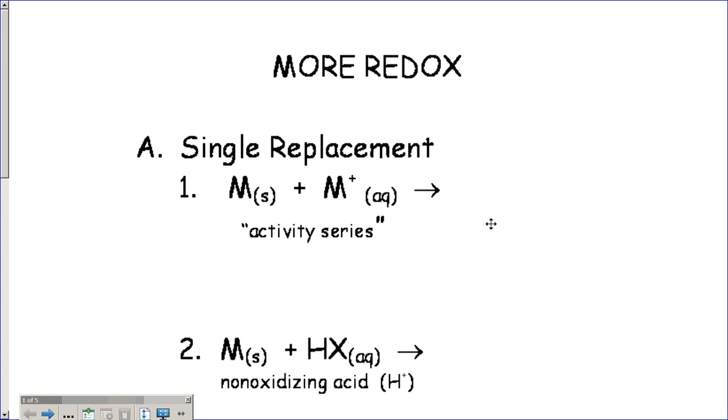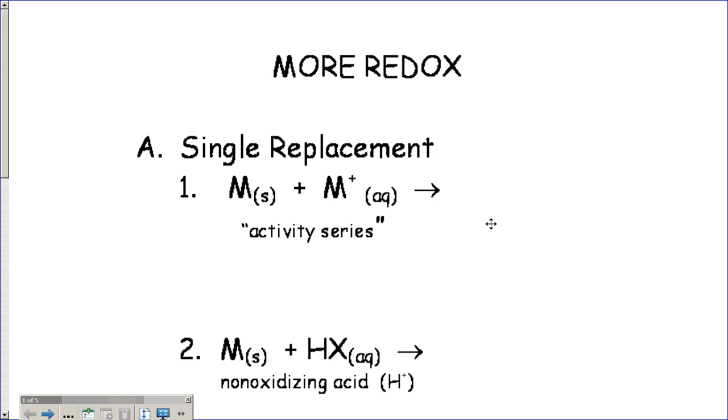So if you look at those common oxidizing and reducing agents, they are not necessarily in order of how good an oxidizing or reducing agent they are. They're just placed on there.